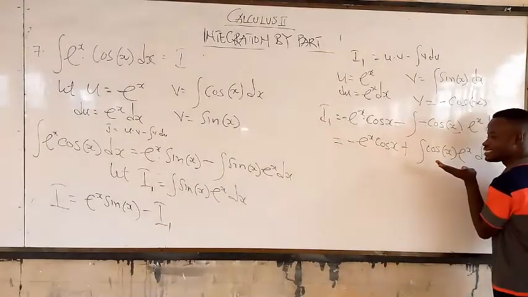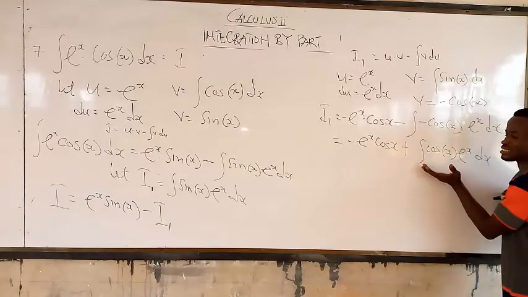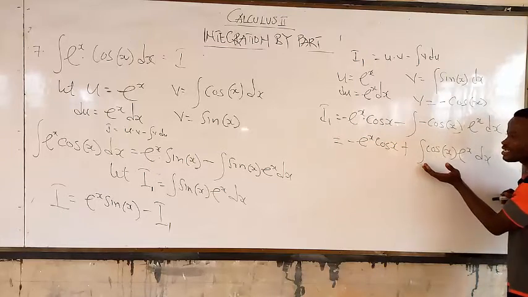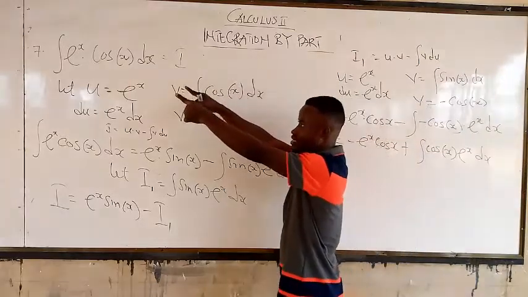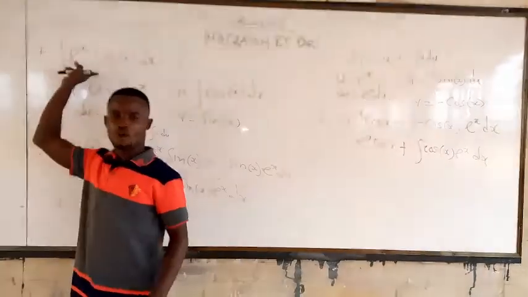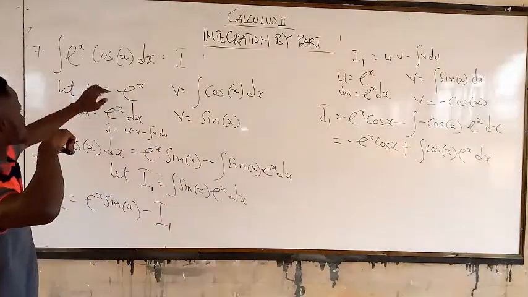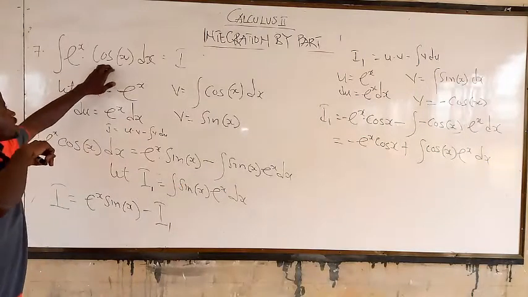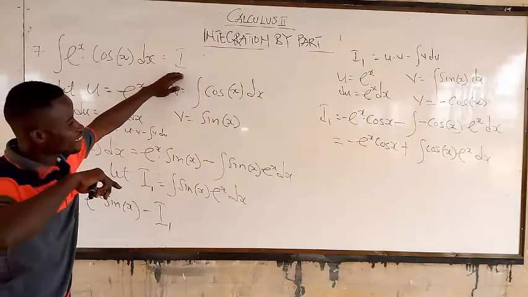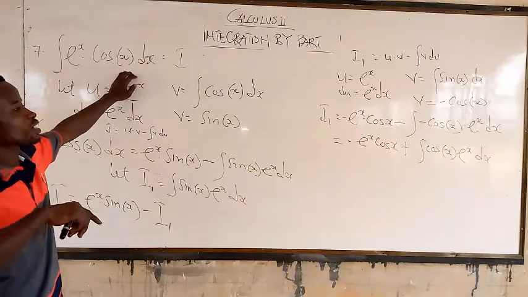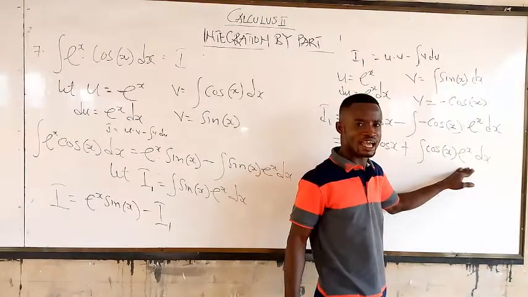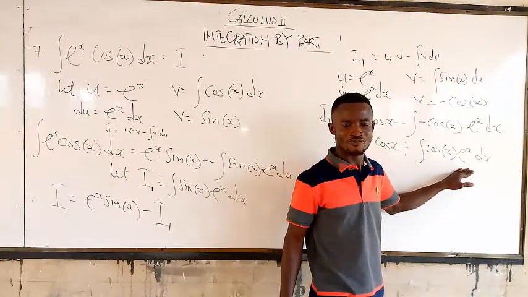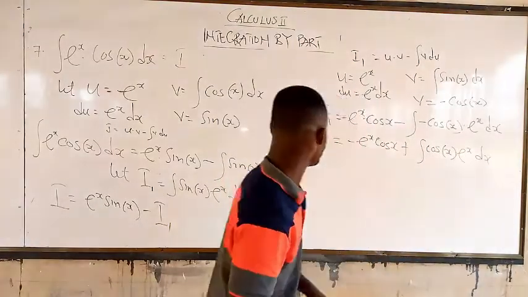But this is not new to us. We have seen this before from the original question. We know that the I here, which is the original question, is the same as what is repeating here. Beautiful. Fantastic. Alright.